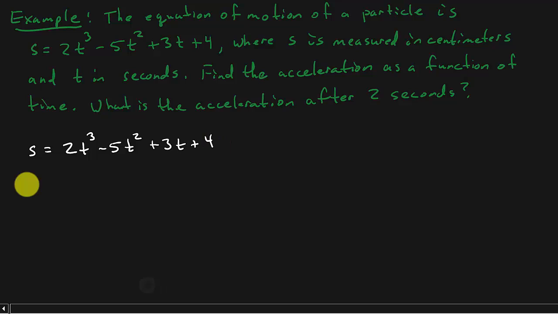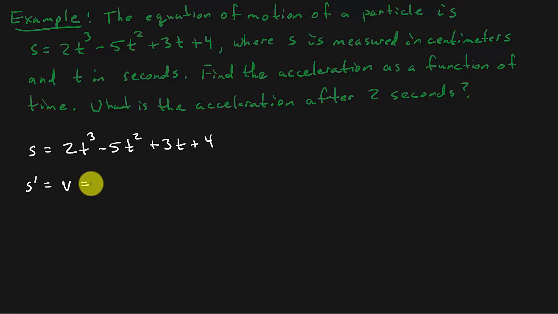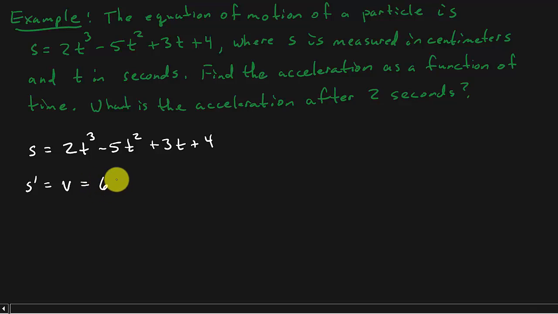So let's find s prime, which is our velocity. I know it's not asking for velocity, but let's label it so we know what it is. That's going to be 6t squared minus 10t plus 3.